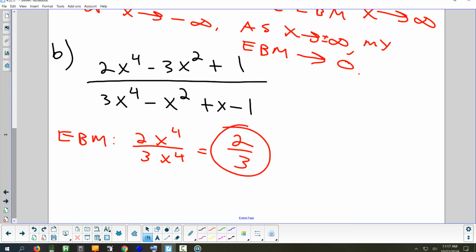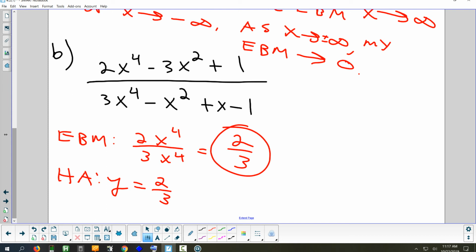That's your end behavior model. So now, horizontal asymptote. Look at that fraction, and I want to know what happens in that fraction as x gets bigger and bigger. What does this fraction approach? It's a constant. So what does it approach? Two-thirds. Itself, 2/3.